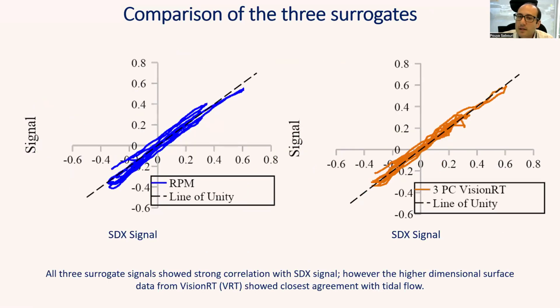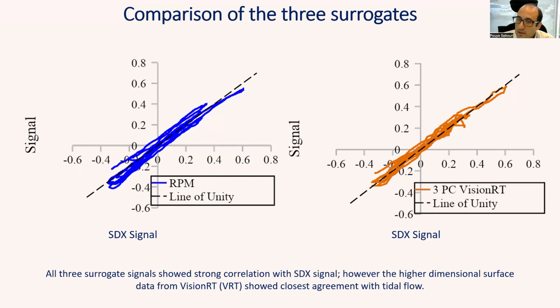In this slide, I show the scatter plots of the RPM signal or the Vision RT estimated signal versus the SDX signal. On the left, we have the Varian RPM signal plotted against SDX. While the correlation is still pretty evident, we do see a larger deviation from the line of unity, suggesting that there is some discrepancy between the one-dimensional marker motion and the actual tidal volumetric flow.